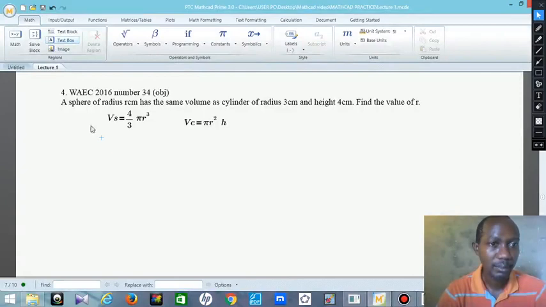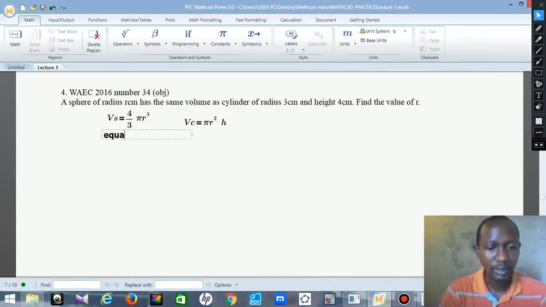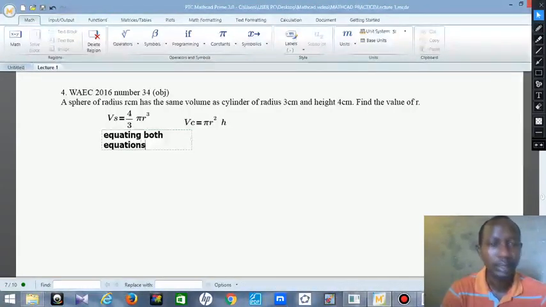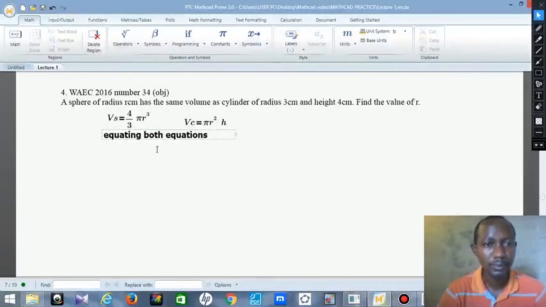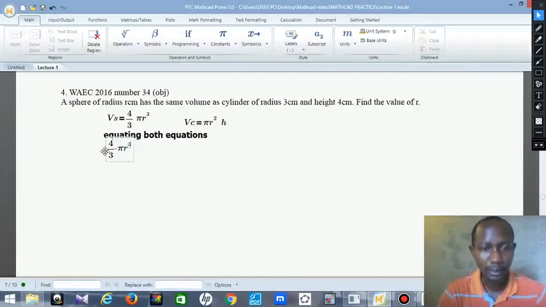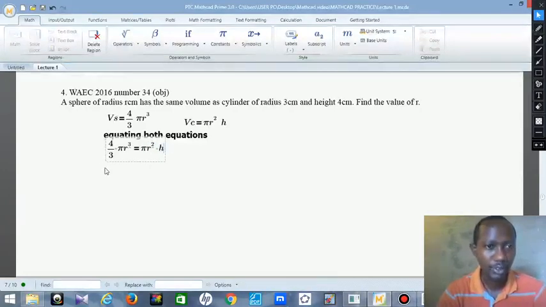Equating both equations is going to give us 4 over 3 pi r cube equals pi r square h. So this is the first equation we have here.